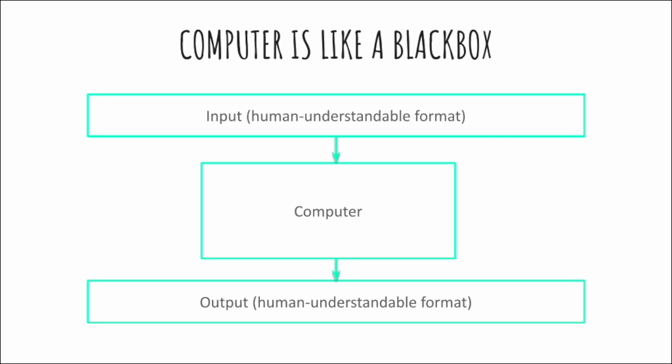So the human understandable input is being translated into computer understandable zeros and ones, the processing is happening at this level, and it is being translated back to human understandable output. That is what is happening.